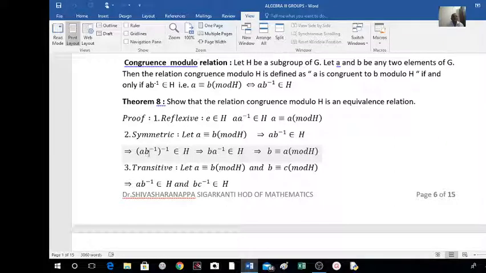(AB inverse) whole inverse can be written as B inverse inverse into A inverse. But B inverse inverse equals B itself, so we get BA inverse belongs to H.